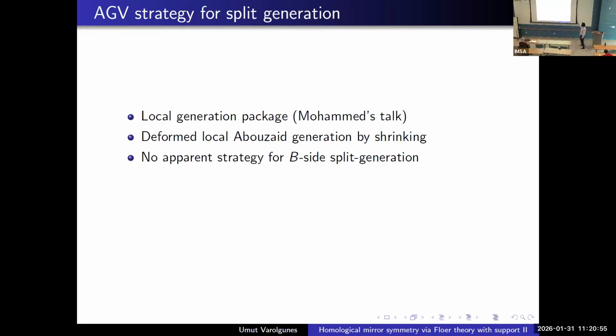In this version, I know of no strategy to prove B-side split generation. I don't know why this functor should be essentially surjective. And the mirror may not be algebraic at all, so you have to work in this non-Archimedean setup.